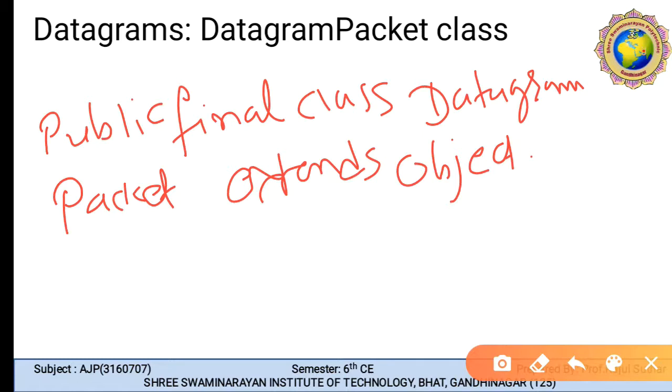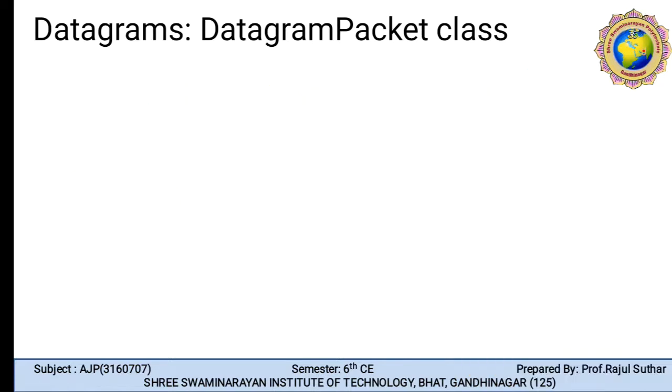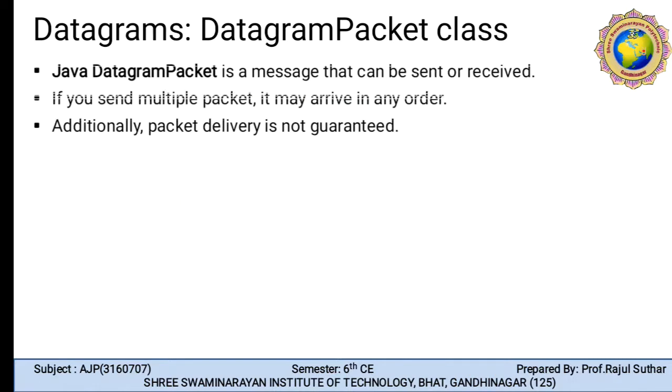Each datagram packet contains the header information, and packets are routed according to this information. As we mentioned, the delivery of this packet is not guaranteed, and even different packets sent from one machine might be delivered through different routes. A Java DatagramPacket is a message that can be sent and or received.